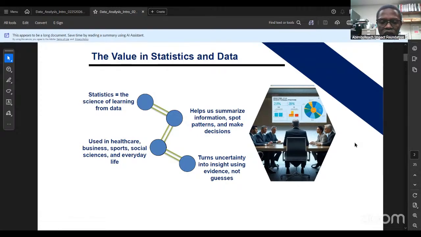Also, the value in statistics and data is that they help us summarize information from our data, spot patterns, and make decisions. Collecting data from a process allows us to summarize information around that process, spot patterns, then make decisions.